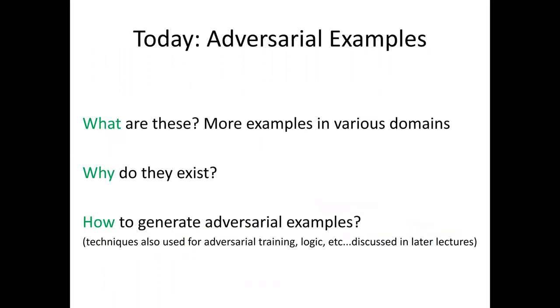So the plan for today for adversarial examples is the following. First, we're going to show a few more examples in various application domains beyond those which we showed in the first introductory lecture. We're going to discuss why adversarial examples exist, and then we're going to focus on techniques for generating adversarial examples, both targeted attacks and untargeted attacks.